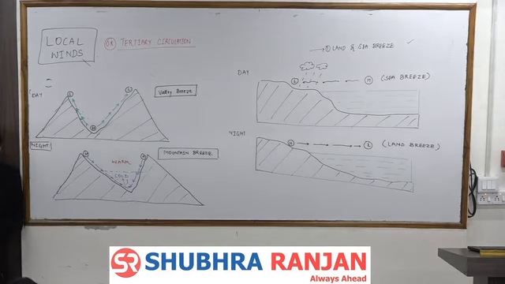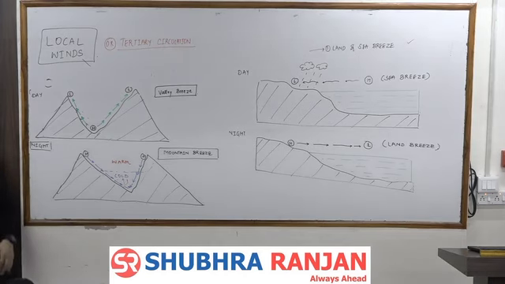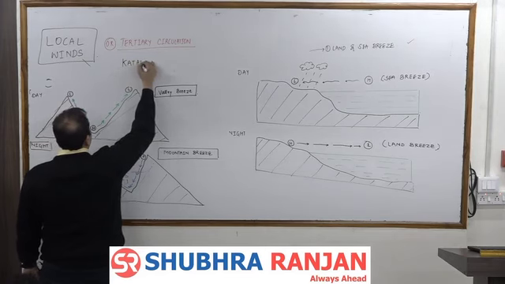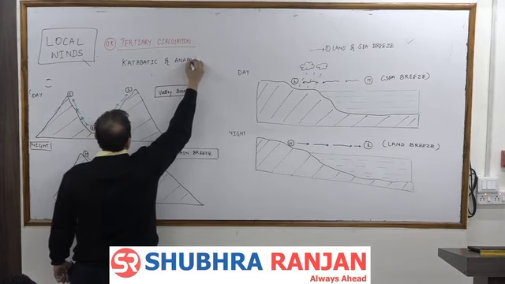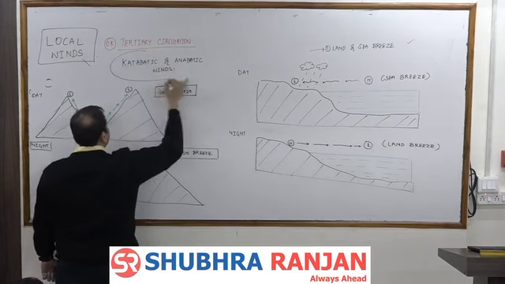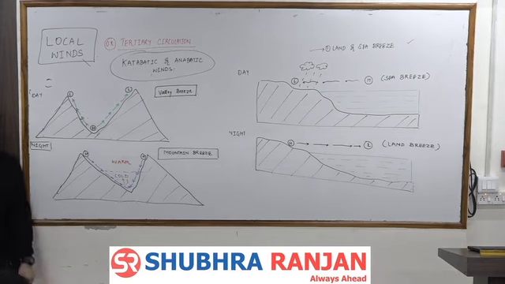Now how is the movement of these two winds? Up, down. Fine. Again, this is more or less vertical, not totally vertical, but somewhat vertical. We call such winds which move up and down, winds, not air, as katabatic and anabatic. So mountain and valley breeze is katabatic and anabatic. Anabatic upward, katabatic downward. You remember this for prelims, this is an example of katabatic and anabatic winds.